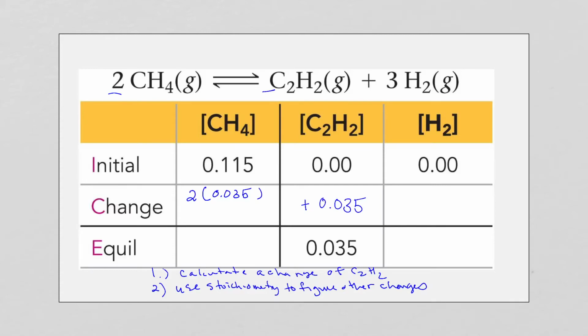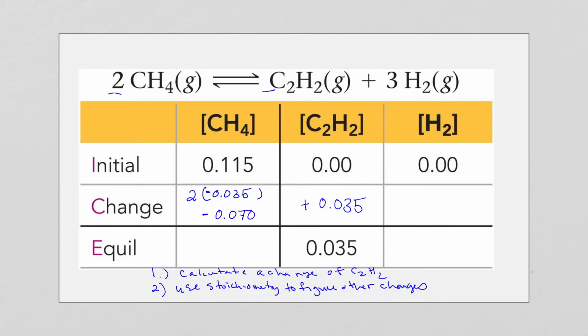Now, something to pay attention to is the signs here. Because in this case we started with reactants and we have no products, while our product concentrations are going to go up, like we see here, our reactant concentrations are actually going to go down. So it's going to go down by 2 times, and so it's going to go down by 0.070.